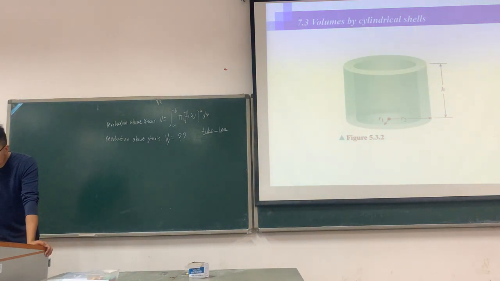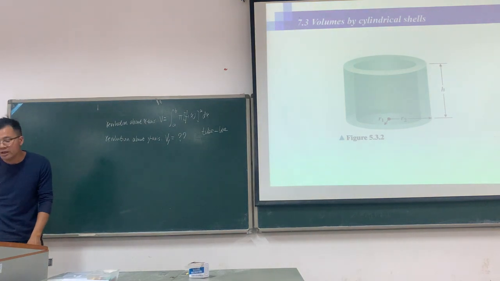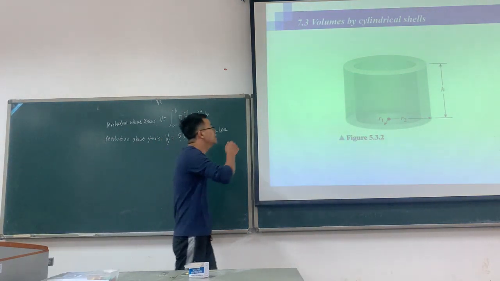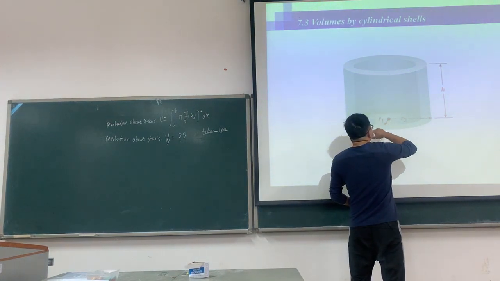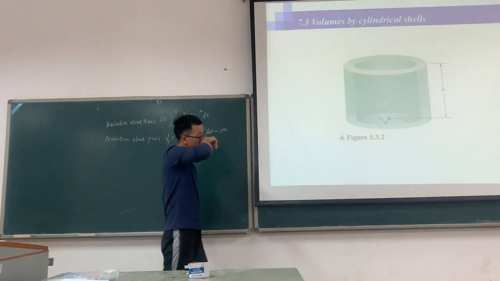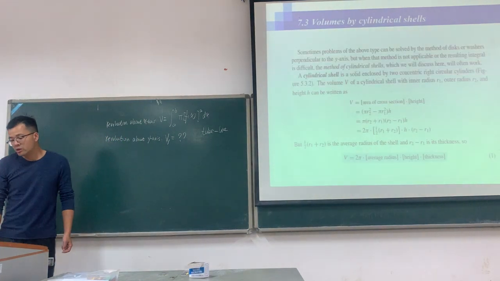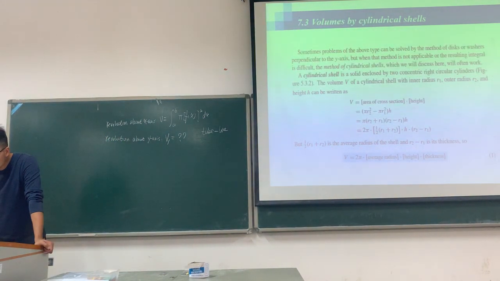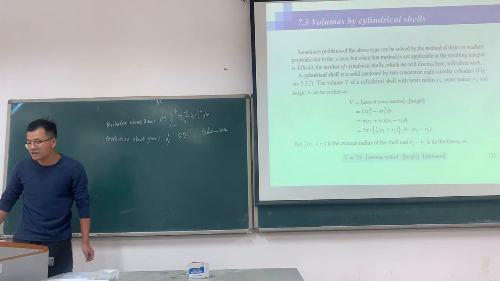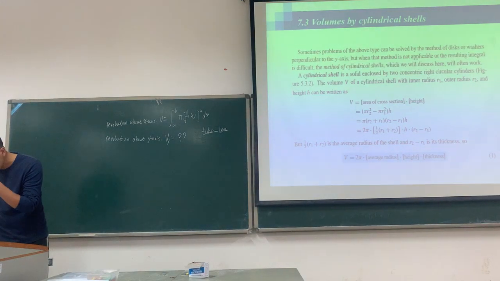A cylindrical shell is a solid enclosed by two concentric right circular cylinders, with inner radius r1, outer radius r2, and height h.